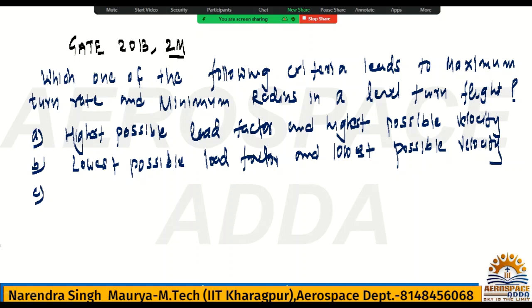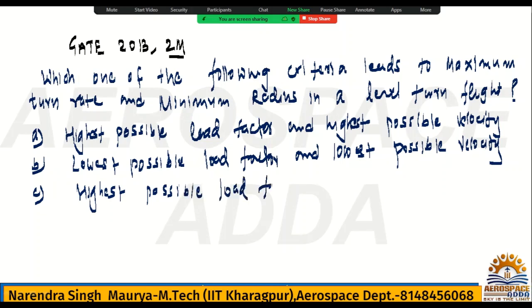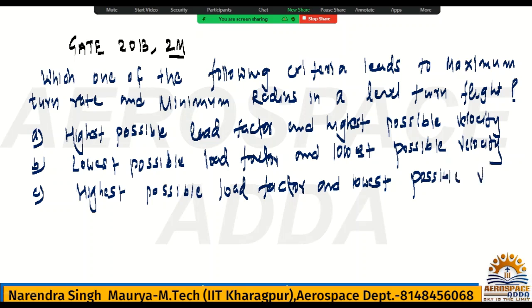Option C: highest possible load factor and lowest possible velocity.